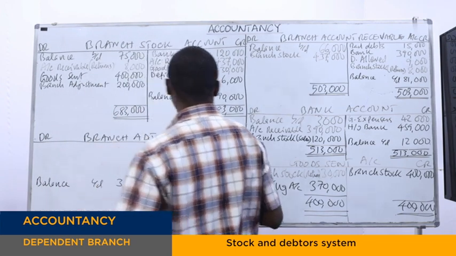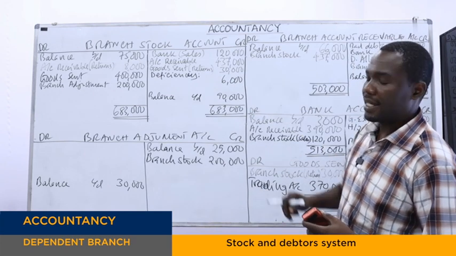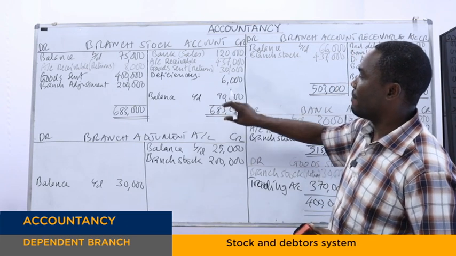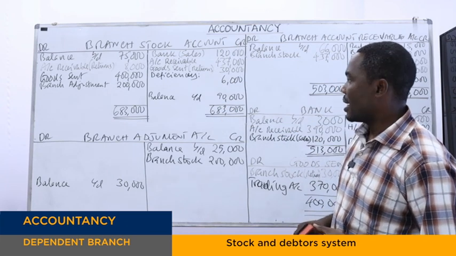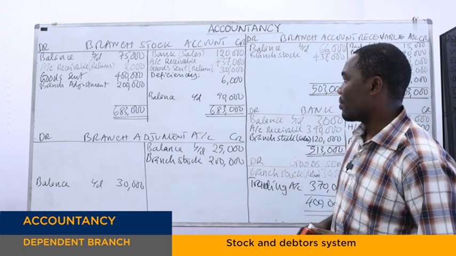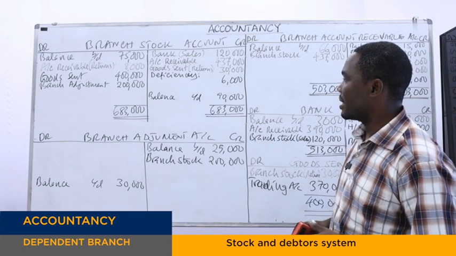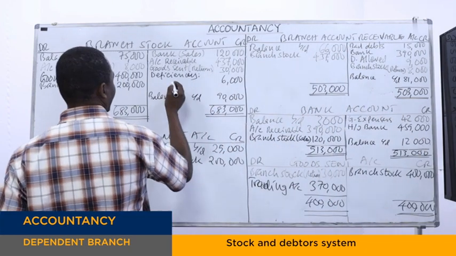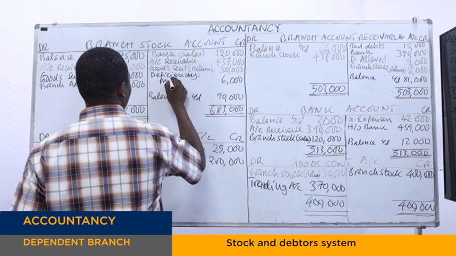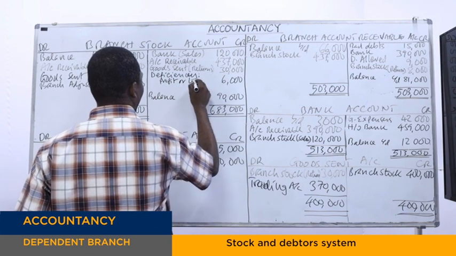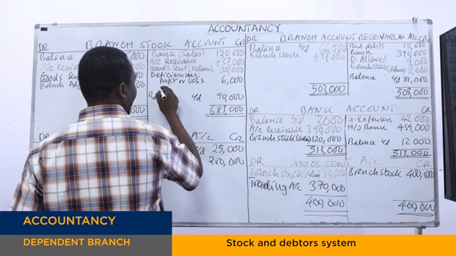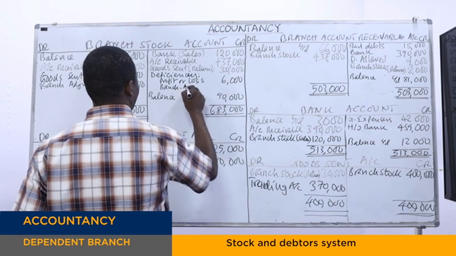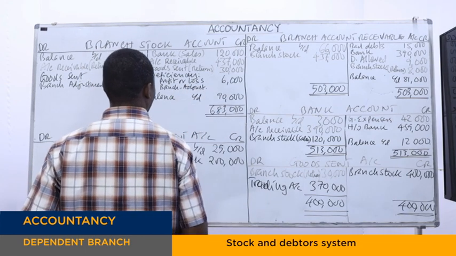So if it has failed to agree by 6,000, as I said previously, and because we are not told that the deficiency will be anomalous, then we need to give it attention. So let us now spread it to get that amount that should be transferred to profit or loss, and that should be transferred to branch adjustment account.